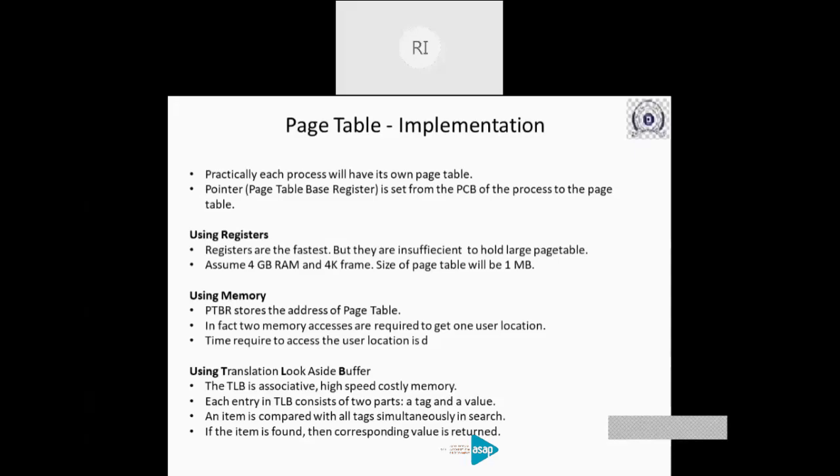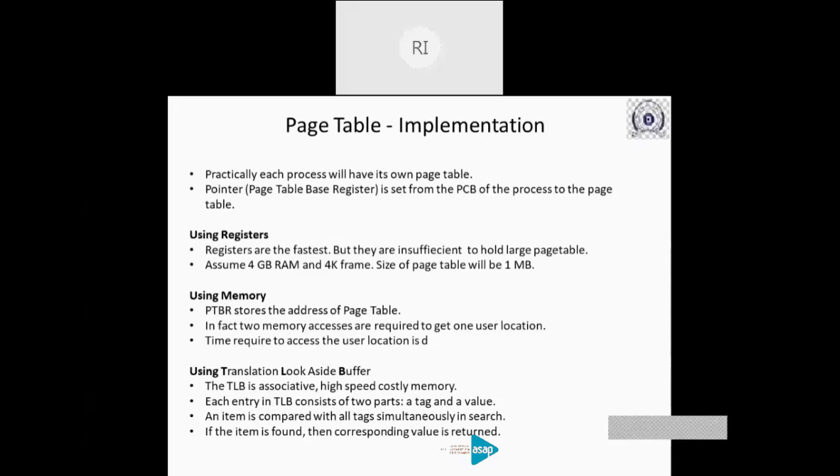With main memory, we will have enough space to store the page table, but the problem is we need two memory accesses to fetch one instruction.